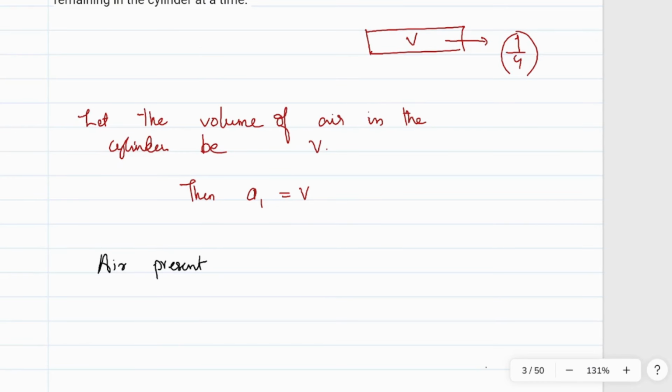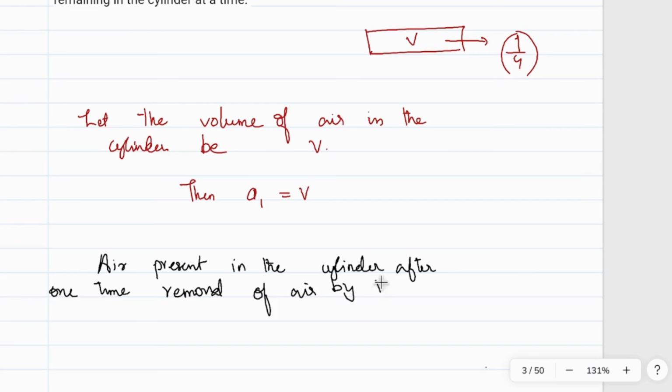First removal: air present in the cylinder after one-time removal of air by the vacuum pump. How much is it?